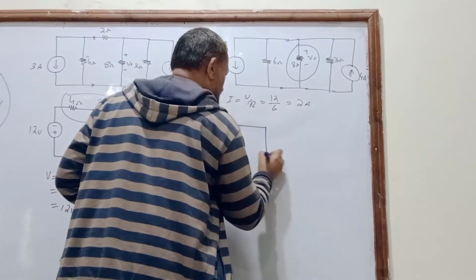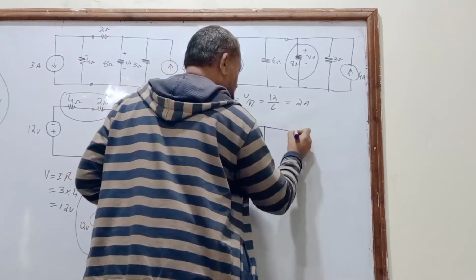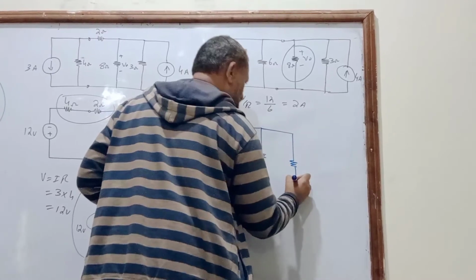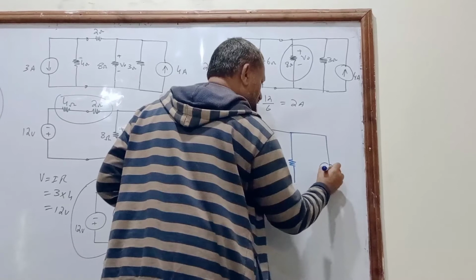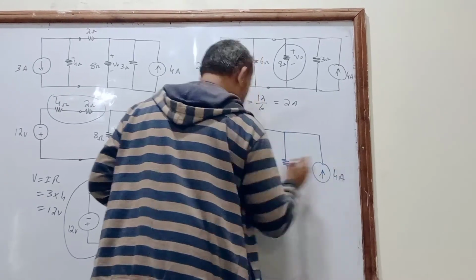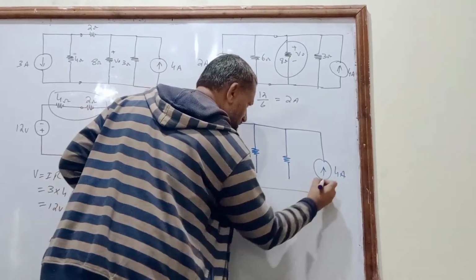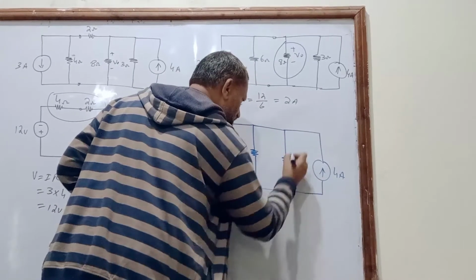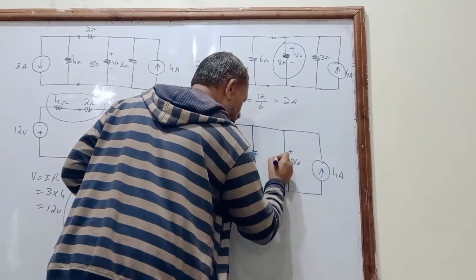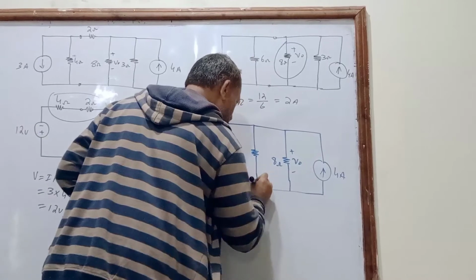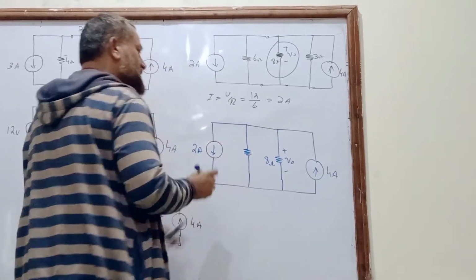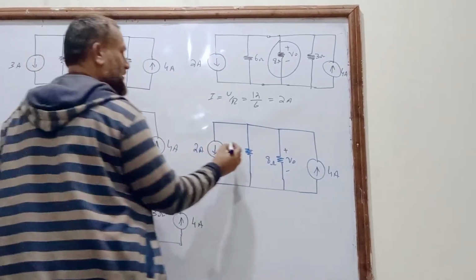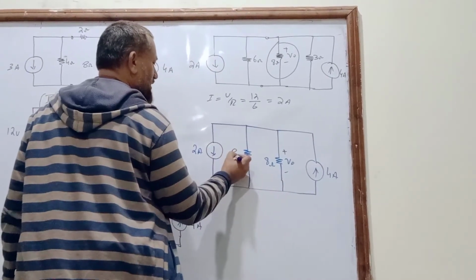After this, the R equivalent, then this 8 ohm resistor and this 4 ampere source, plus minus V naught across the 8 ohm. How much is this one? 2 ampere. How much is this resistance? Call it RP.